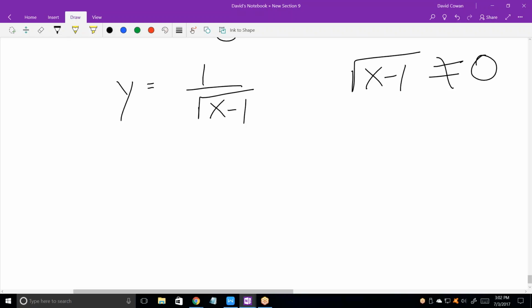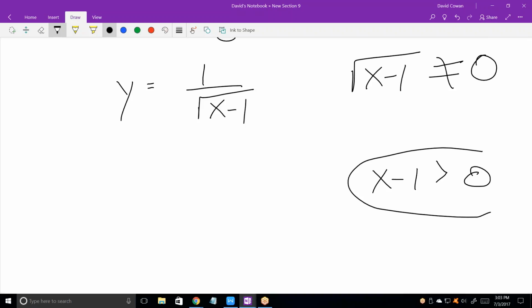No. That's the second biggest thing: whatever's inside a radical, I can go down here and say that x minus 1 has to be greater than or equal to 0, and the fact that I can't divide by 0 means it has to be greater than 0, like that. So this is my domain restriction.